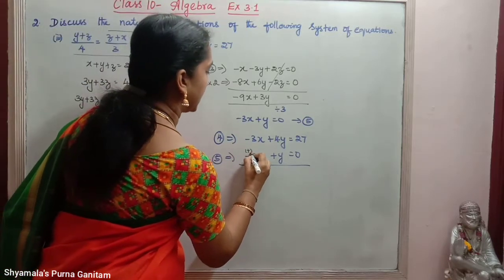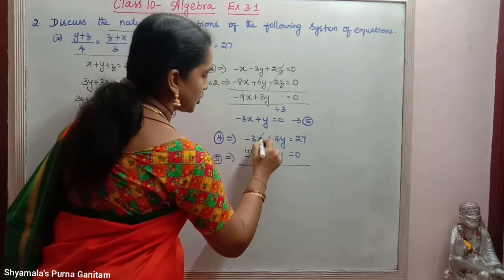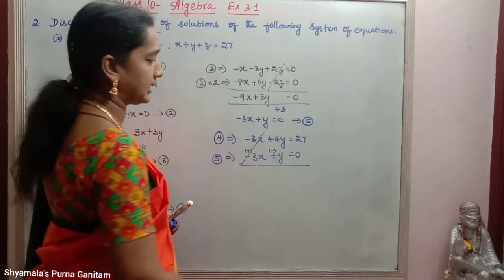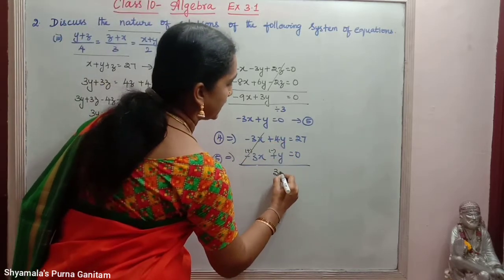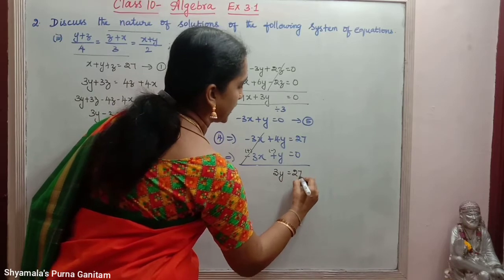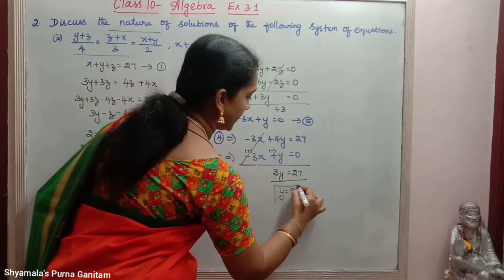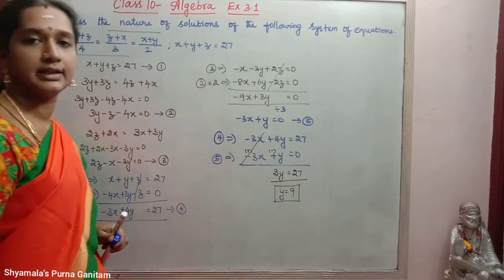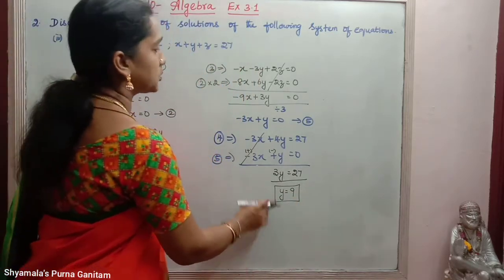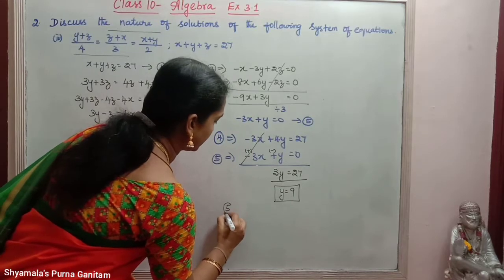When I subtract, I have to change the sign. So plus 3x minus 3x will get cancelled. Here this one will be 3y is equal to 27. So y value is equal to 9, 27 divided by 3 is 9. Okay, this y value I am substituting in the fifth equation.